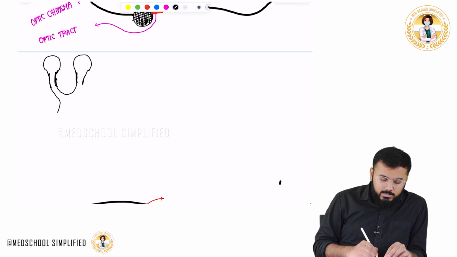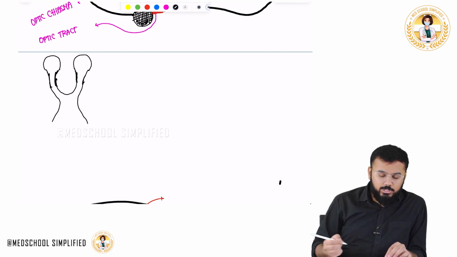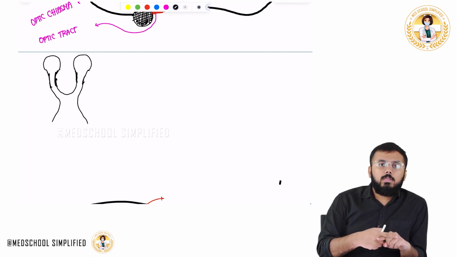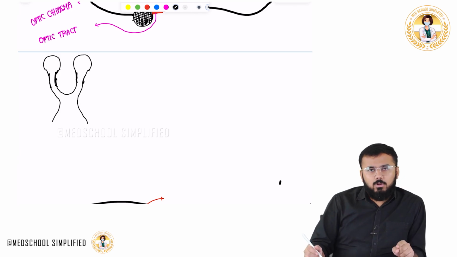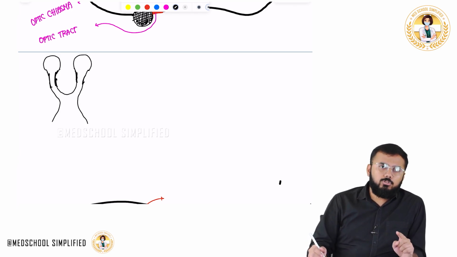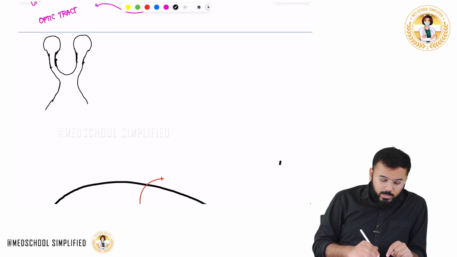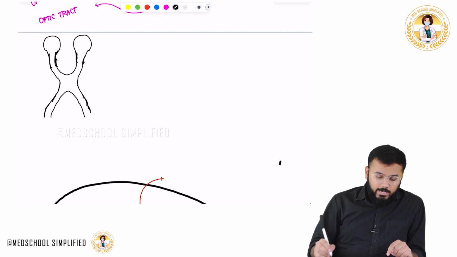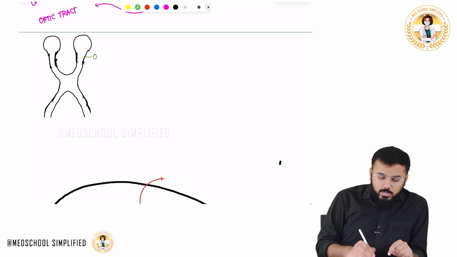They partially decussate like this. Decussation means they cross. They partially cross. Why? I will tell you in a separate lecture on optic chiasma. So they partially decussate like that, into two more structures. These two more structures are called as optic tracts. So this one is called as your optic nerve.